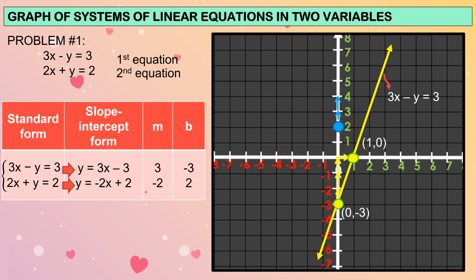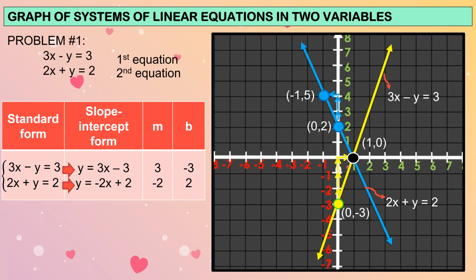Then, we are going to run to the left. Kasi negative po yung ating slope. So, dito po tayo. 1. Then, plot the point here. Ayan. And this is the linear equation for our second equation.